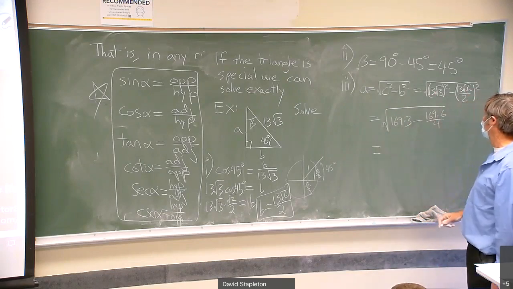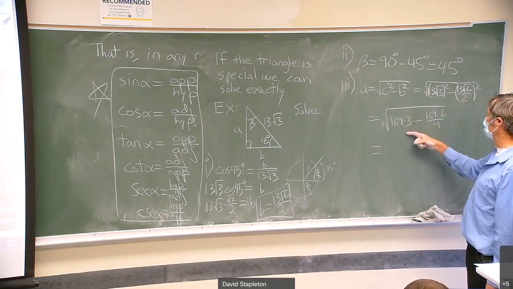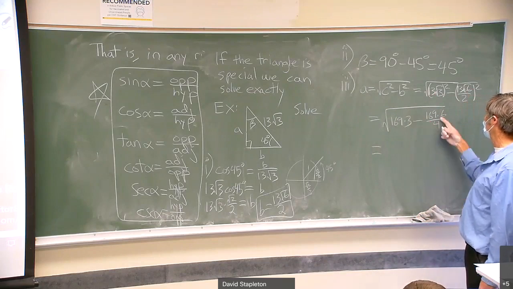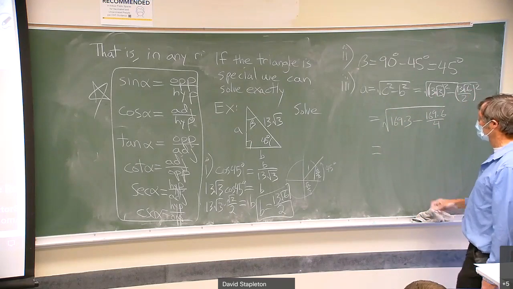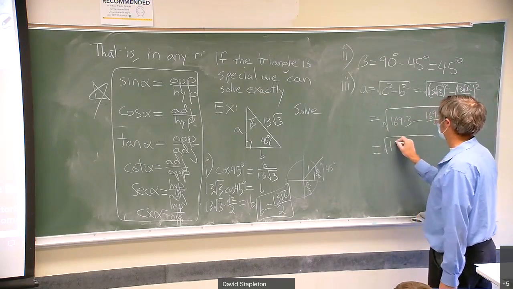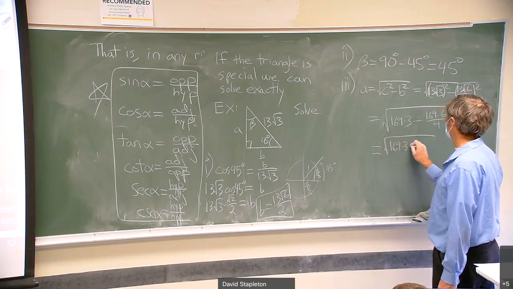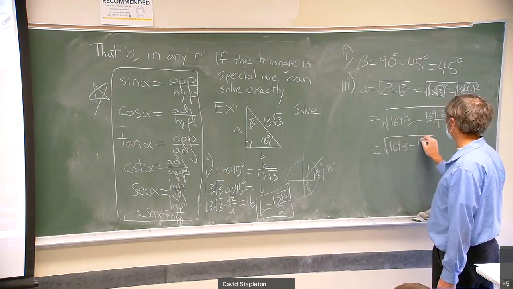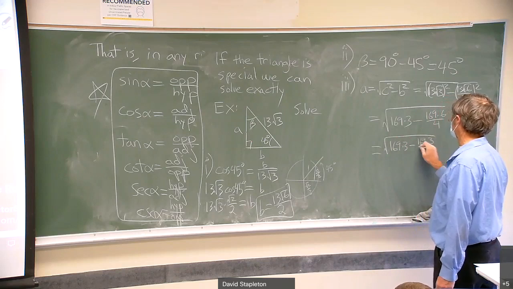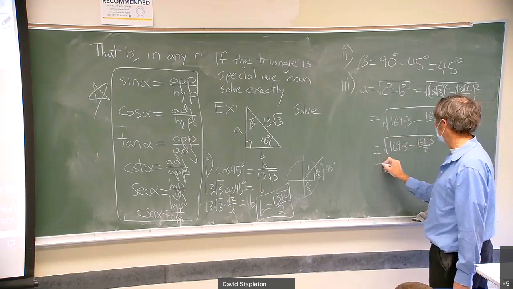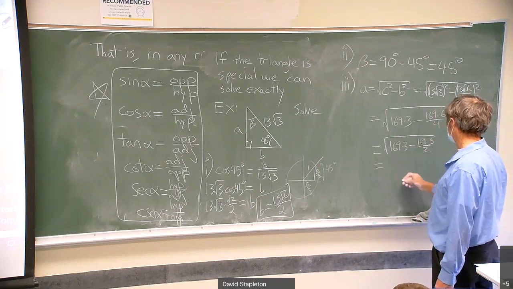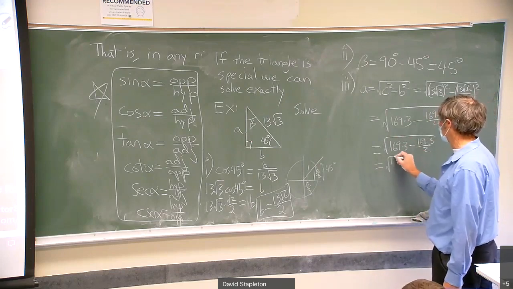And I can figure this all out if I multiply this top and bottom by, well, let's write it this way. 169 times 3 minus, canceling, 169 times 3 over 2, right? So it's half of 169 times 3, taken away from 169 times 3. Gives us the square root of 169 times 3 over 2.